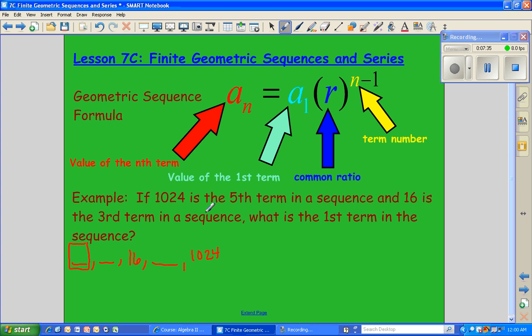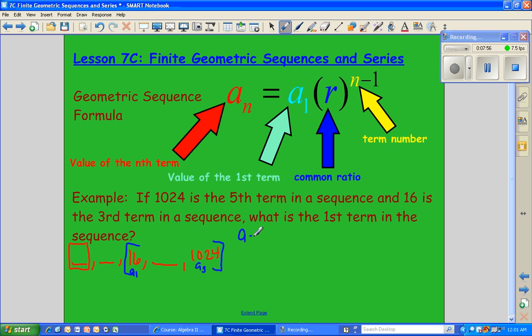So you kind of have to trick the formula a little bit because we don't know our ratio. So we're going to pretend like we don't even care about the front end of this, and we're just going to work with the 16 and the 1024. So just initially we're going to treat this as a sub 1 and a sub 3.